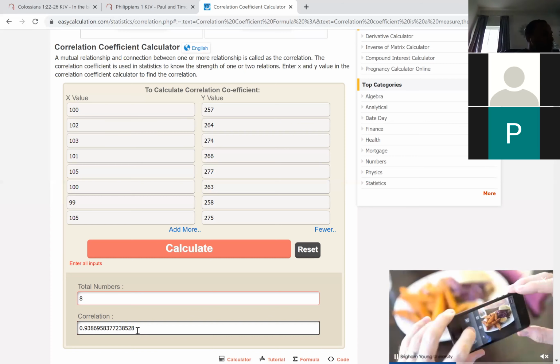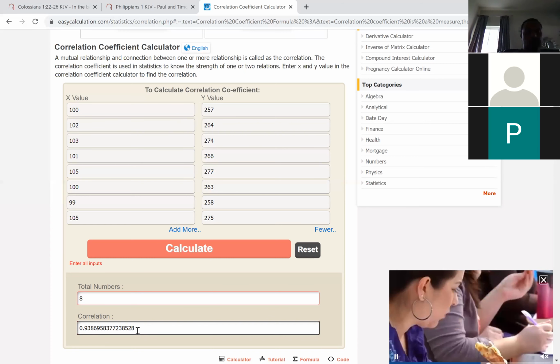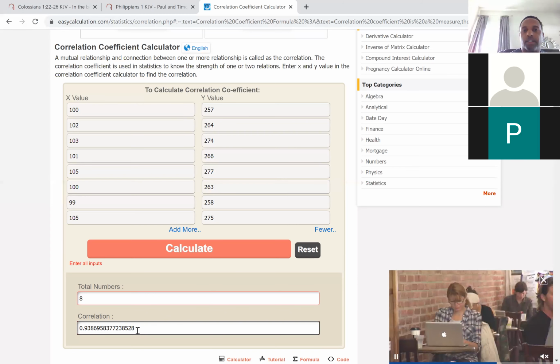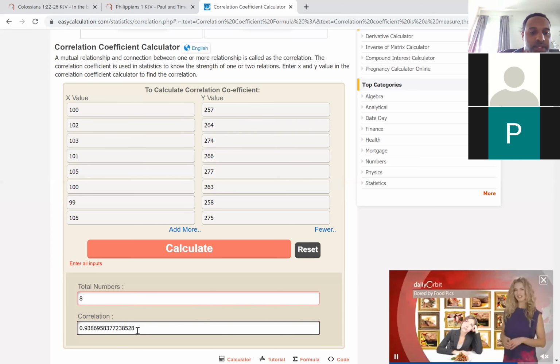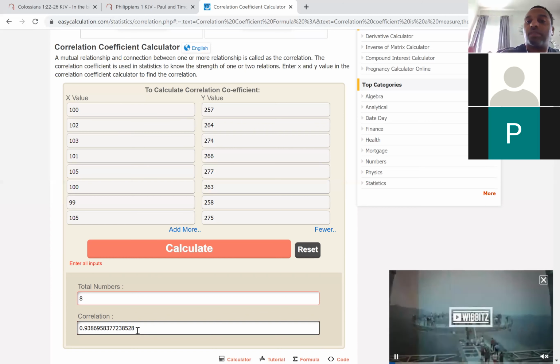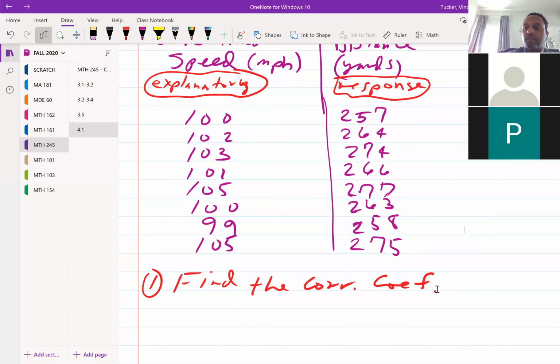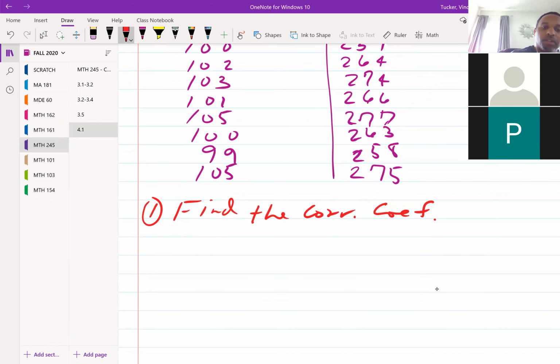Questions on that before we go back to our problem? All right, so we got 9, 3, 9. So R is 0.939.